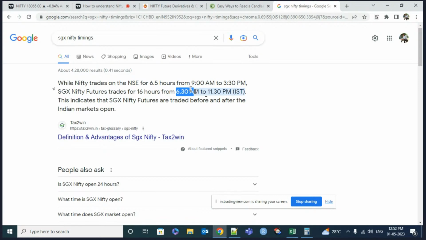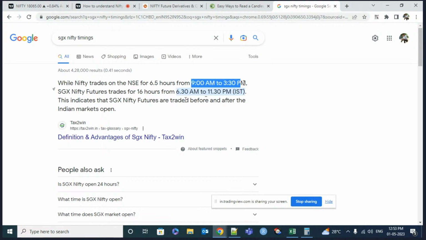And that is the reason you could see a lot of gap ups and gap downs in the Indian market as well. So in case you have difficulty understanding the trend because of the gap ups and gap downs and the candle formations, please refer to your SGX Nifty, and that will have a clearer structure to understand the trends as well. Okay, fine. I'll show that one in the last part, in case there is a confusion in the trends as well.